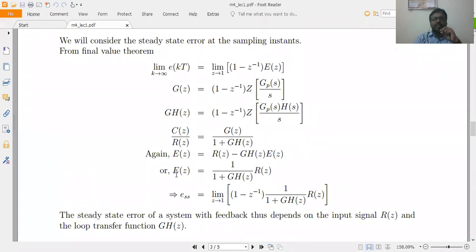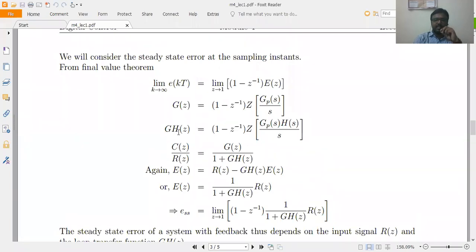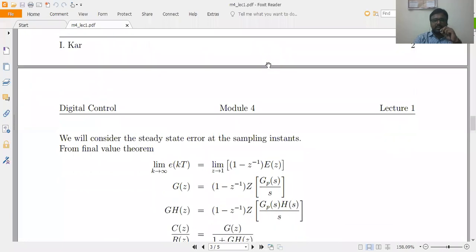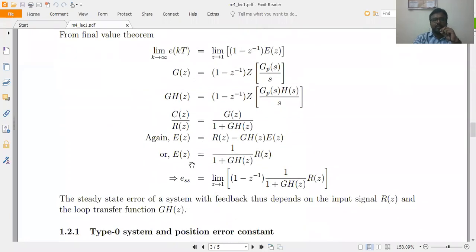Or else, this E of z can be taken as R of z divided by 1 plus GH of z. Why? Because in this expression, the error signal is going to consist of both R of z and H of z. So after certain calculations, we can yield the error signal in the z domain as E of z is equal to R of z divided by 1 plus GH of z.